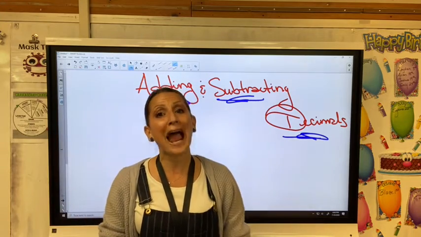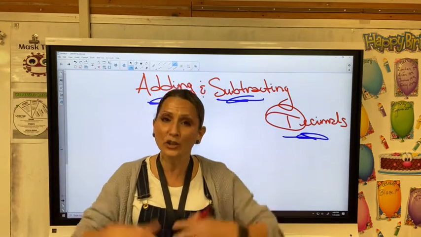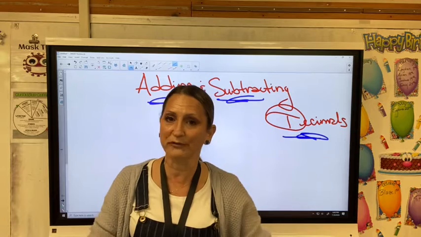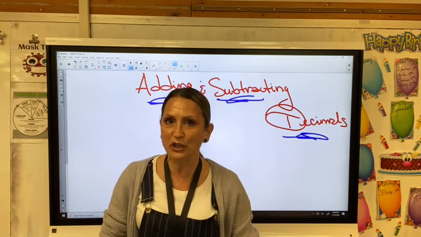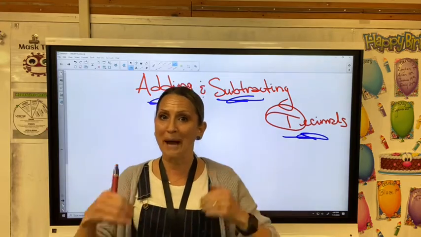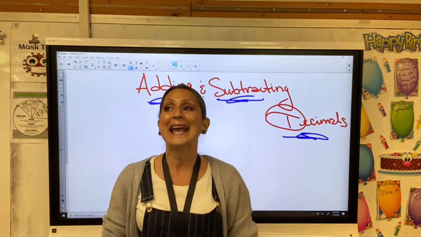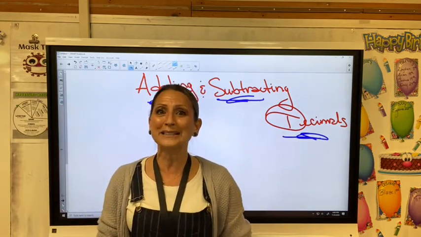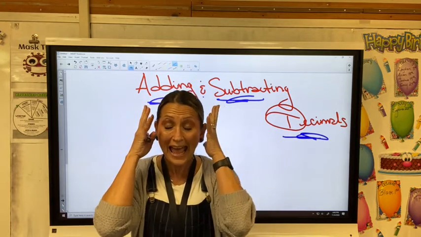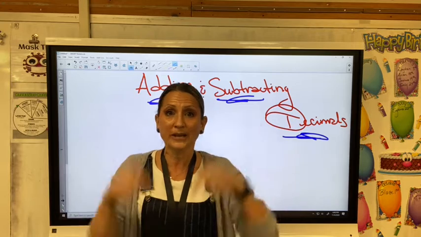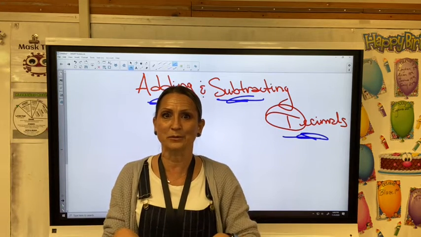Now, this is actually a review again. You've added and subtracted decimals before, so I'm going to imagine this isn't going to be difficult for you, 6th graders, but I do want to remind you of a few things. The reason you might sometimes find it difficult in the 6th grade is that everything we've already learned is put into adding and subtracting decimals.